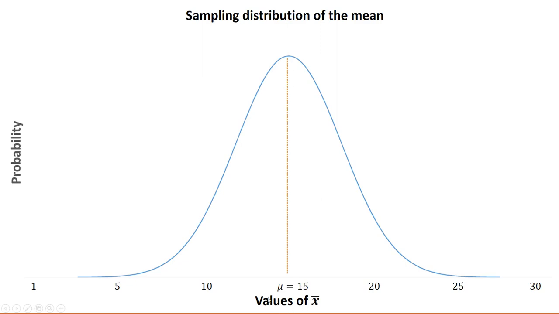The sampling distribution of the sample means. It's a distribution that communicates to us the probability of finding a particular sample mean when we collect samples of data.